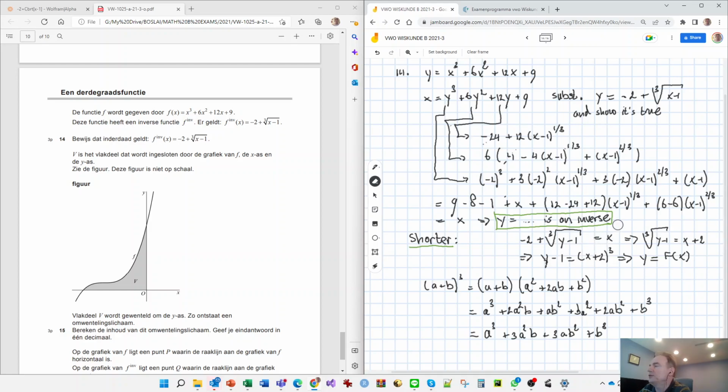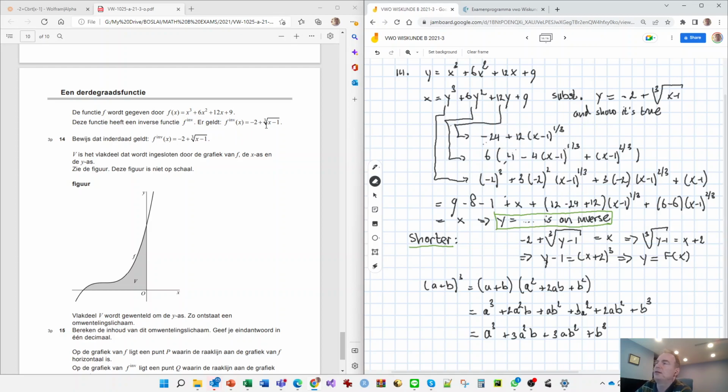So what I have to show is that if I isolate y from this, I should get the original function.